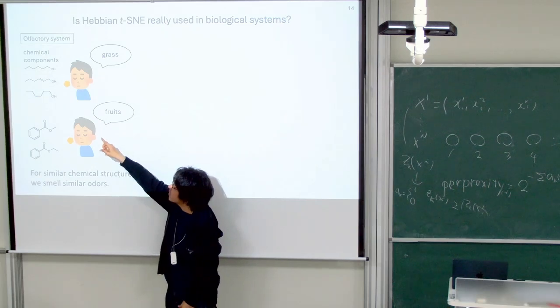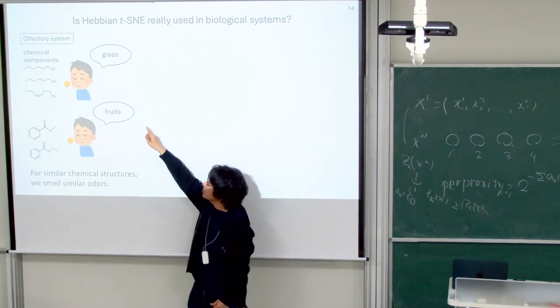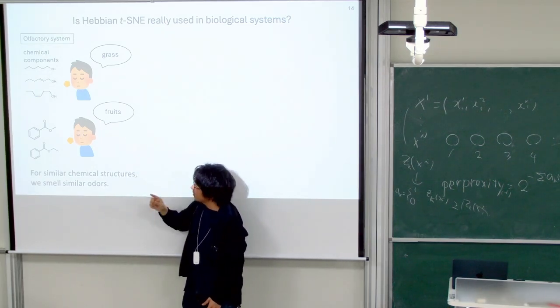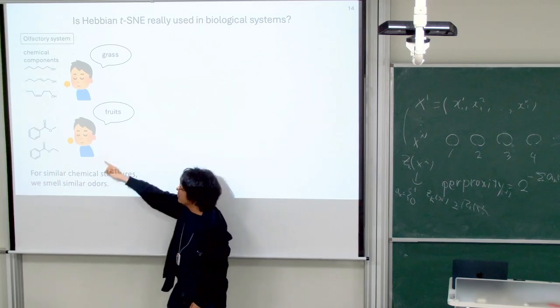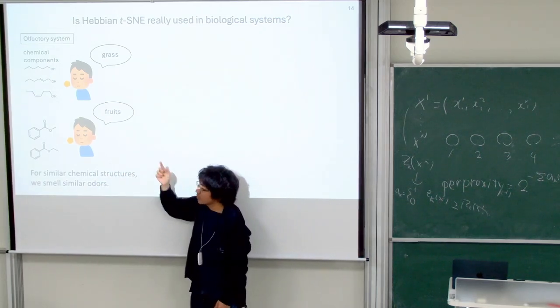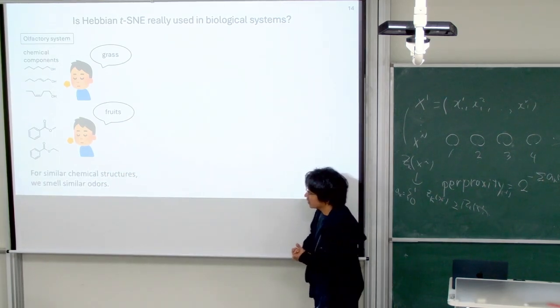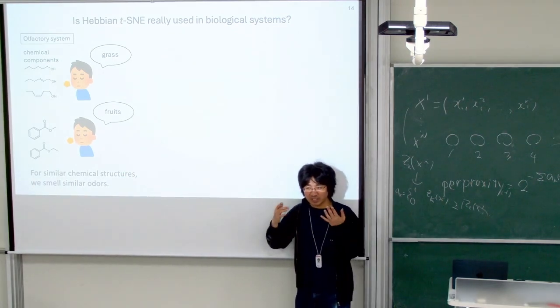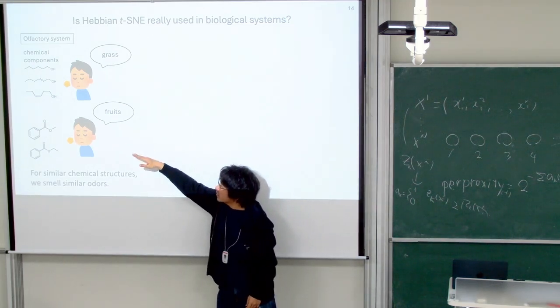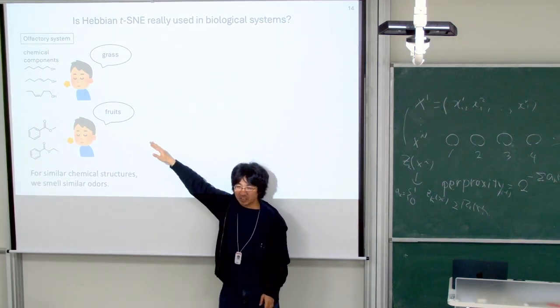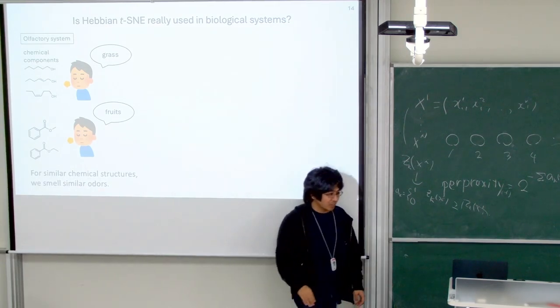For example, the linear structure induces a grass-like smell, and the ring induces a fruit-like smell. So our olfactory system classifies the chemical structure.